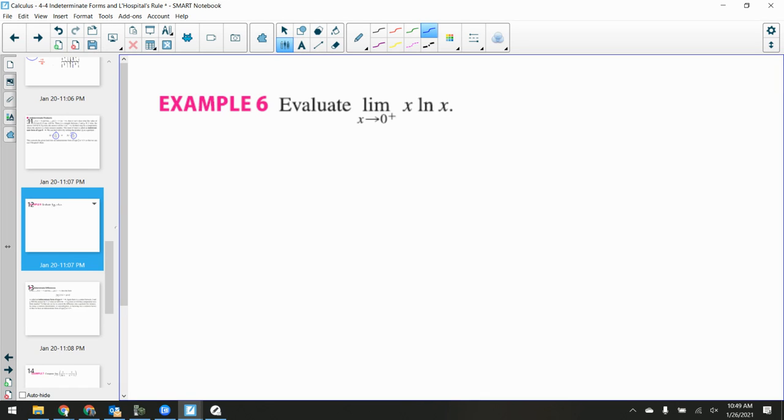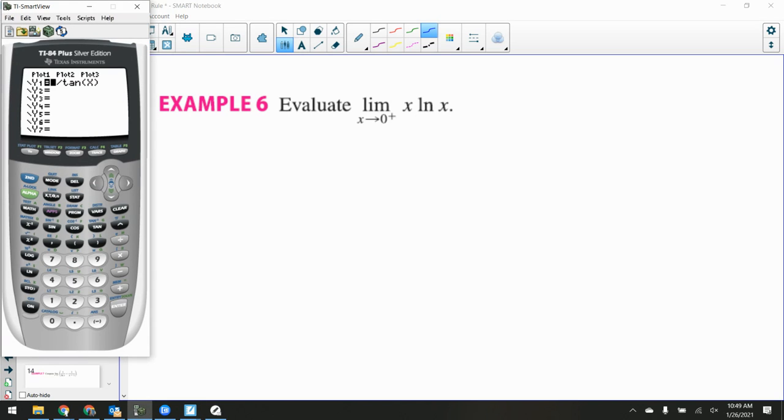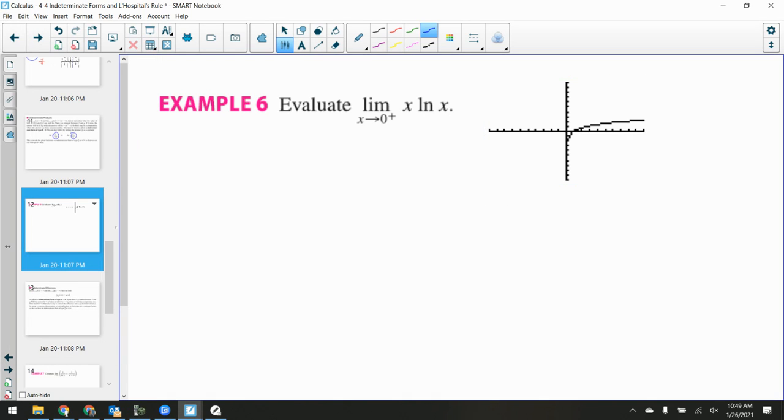Think about the graph of ln of x. Looking at it from the positive direction, what is the limit? Negative infinity, right? So this is actually 0 times negative infinity if I tried to directly substitute. So this is an indeterminate limit. This is one that I can't actually find algebraically.